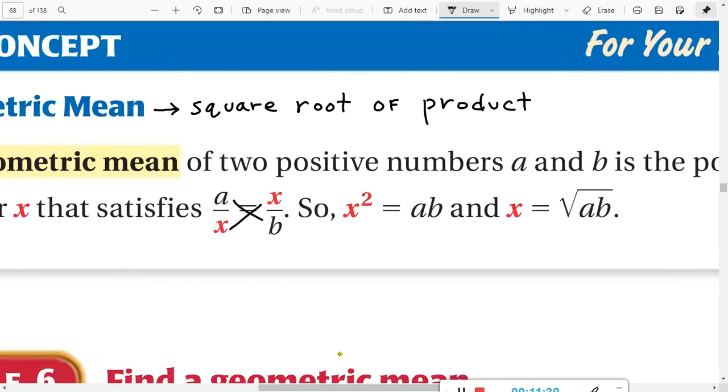If you do a times b, you'll get ab. And then take the square root of both sides, and you'll get x equals radical ab. The bottom line is the geometric mean is just the square root of the product. The product means you multiply the two numbers, and you know what square root is.